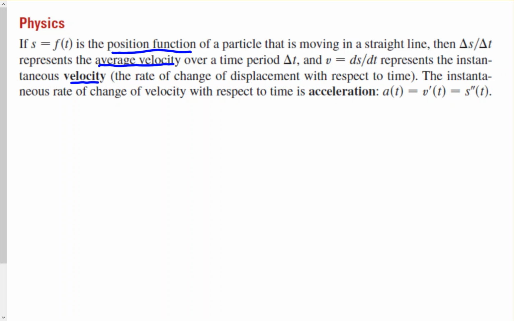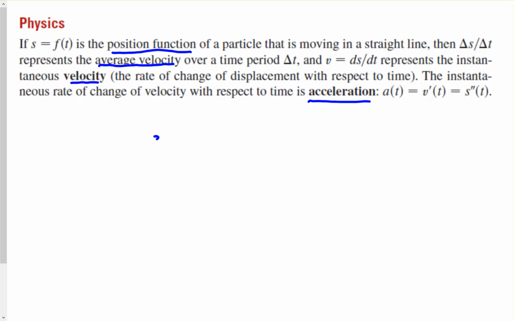We take the derivative of the position with respect to time, and that's the velocity, the rate of change of displacement with respect to time. And then the instantaneous rate of change of velocity with respect to time is acceleration. So we do dv/dt, we get acceleration.